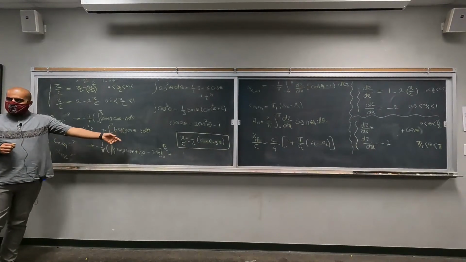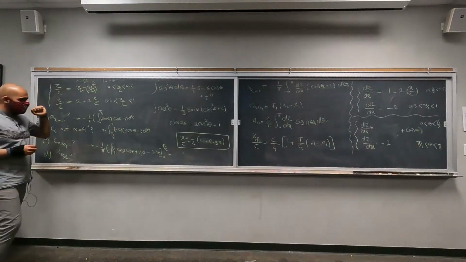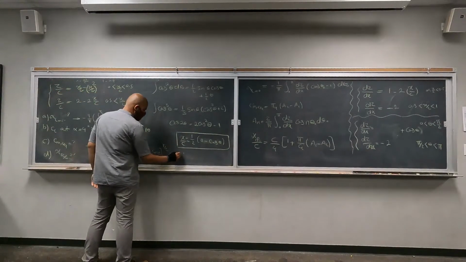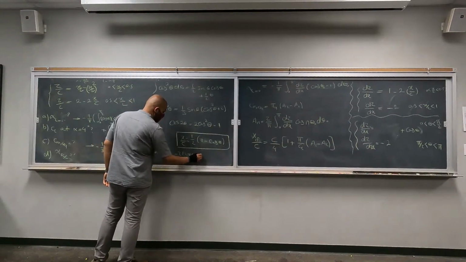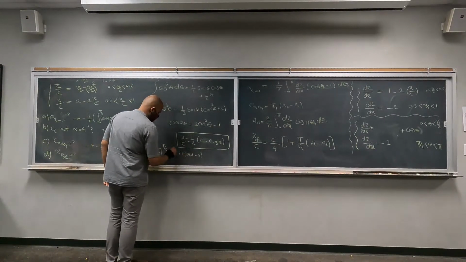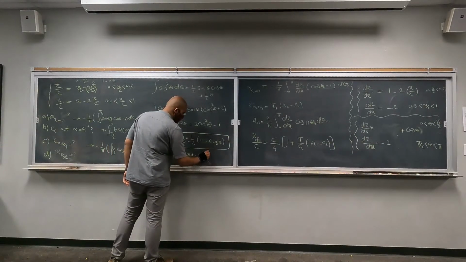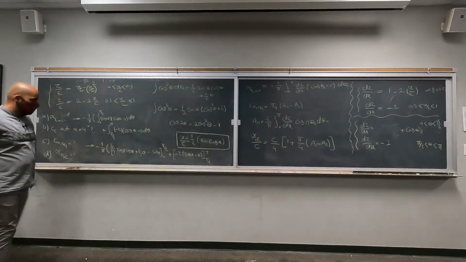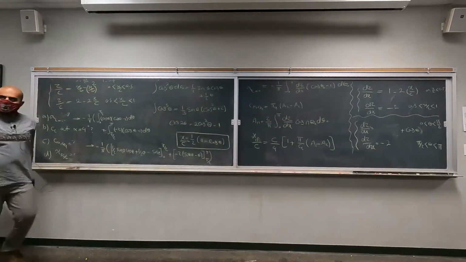Negative 2 cosine of theta, so negative sine of theta minus 2 theta, right? Or negative 2 multiplied by sine of theta minus theta, from pi over 2 to pi. Is this clear? Yes.